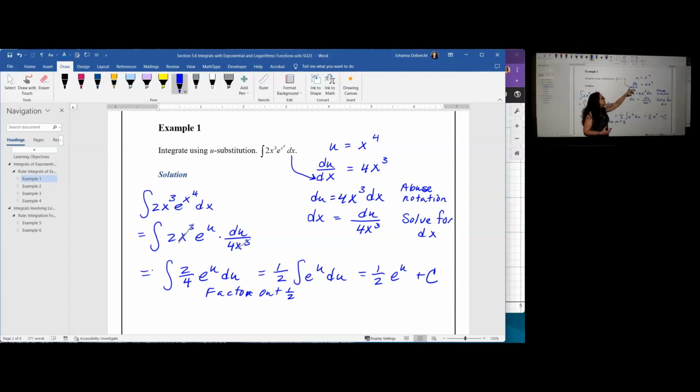So the final variable must match the variable in the original indefinite integral. So we back substitute, again, using our substitution equation, and we get 1/2 e to the x to the fourth plus a constant. And this becomes our solution.